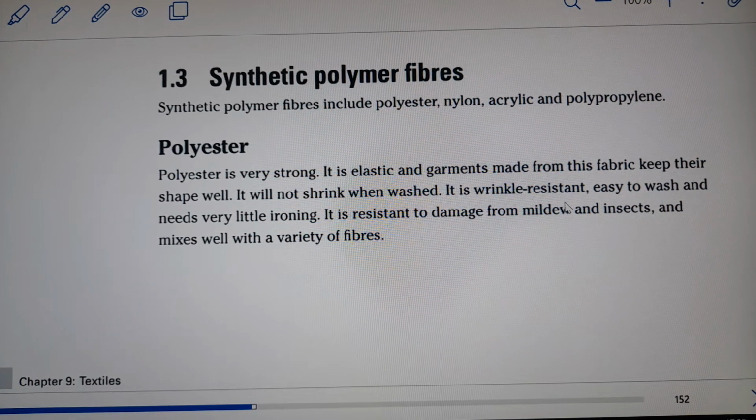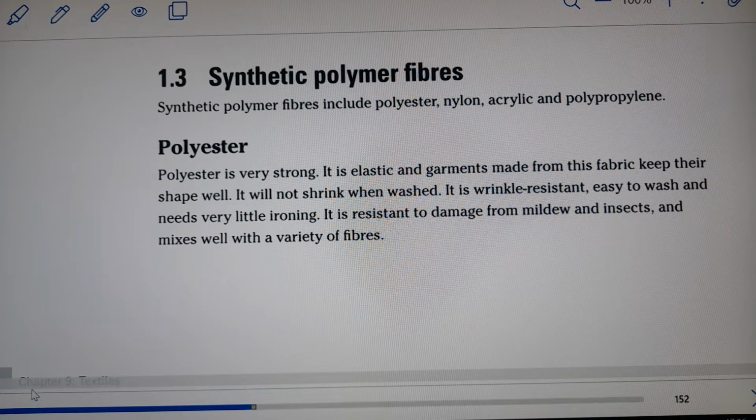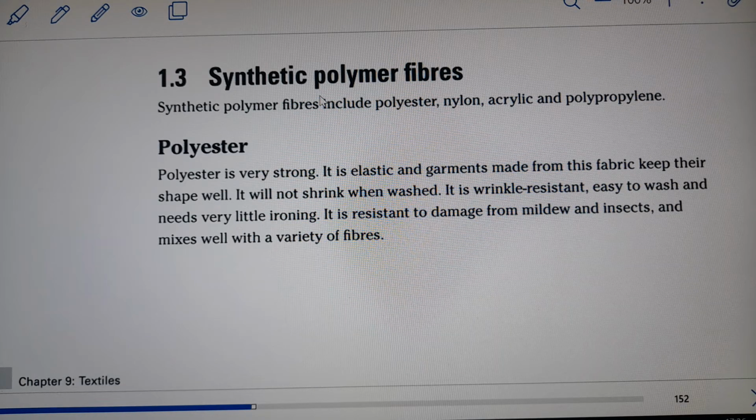In this lesson, we are continuing with chapter 9 on textiles. We are on page 152 of your textbook, and we'll look at synthetic polymer fibers.